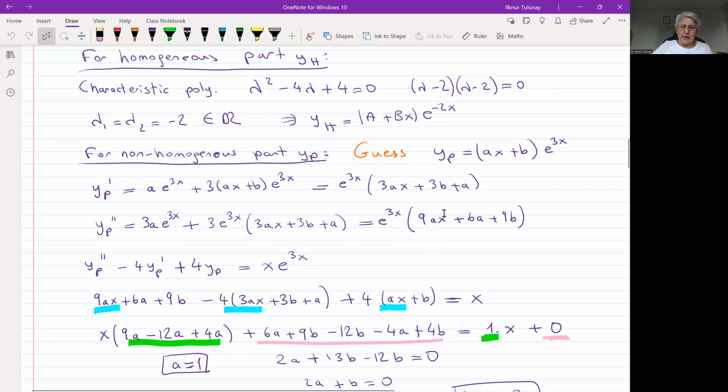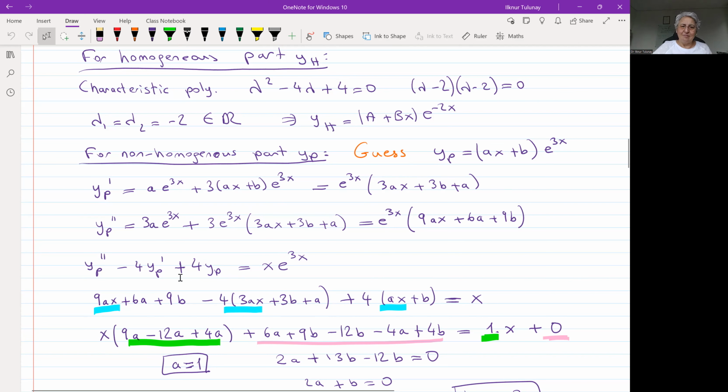Since we have e to the 3x in y double prime, y prime and yp, and on the right-hand side as well, we can eliminate it. So we don't need to write it down again; I'm just writing all the non-e to the 3x terms.